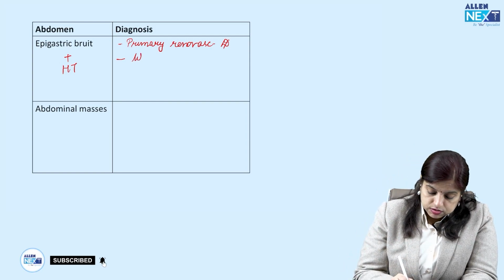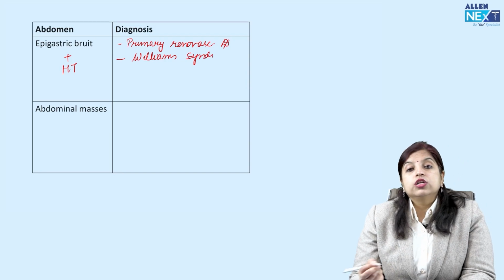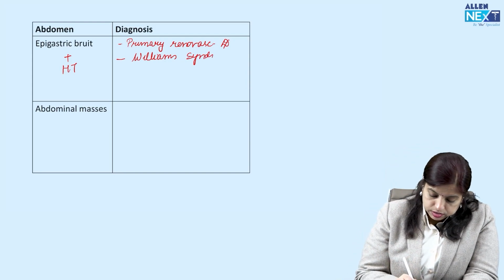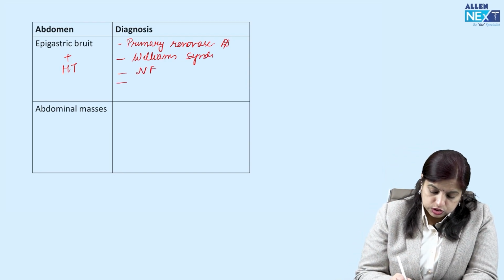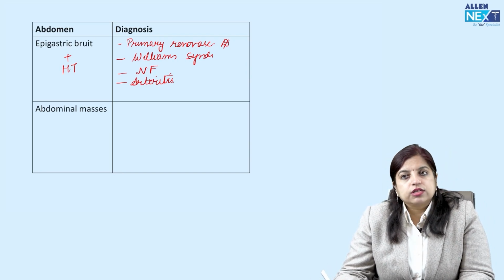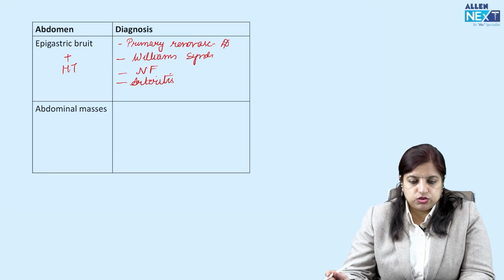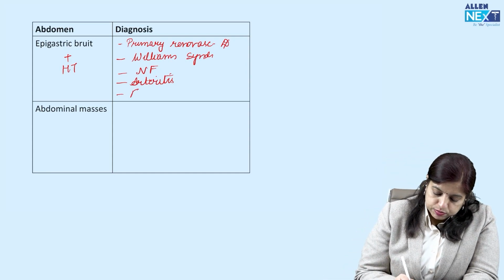Then neurofibromatosis can be there. You can also have arthritis, specifically Takayasu's arteritis can present in such a manner. These Takayasu's children also come to light because of the features of hypertension. And of course, you can have fibromuscular dysplasia.